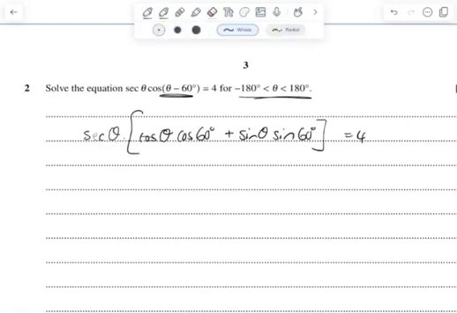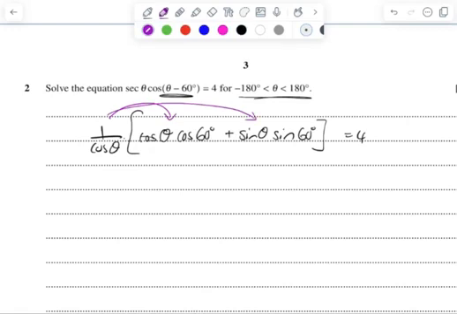I should have just written this as 1 over cos theta. Okay, now when I'm multiplying in, I'm going to multiply this into that term and into that term. My cos's are cancelling out, so cos 60 plus sine over cos is the same as tan theta, so sine 60. Okay, and then it becomes just numerical.